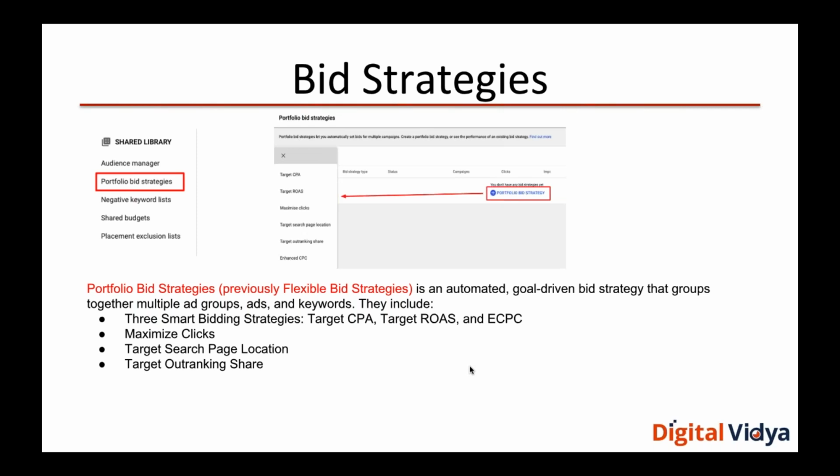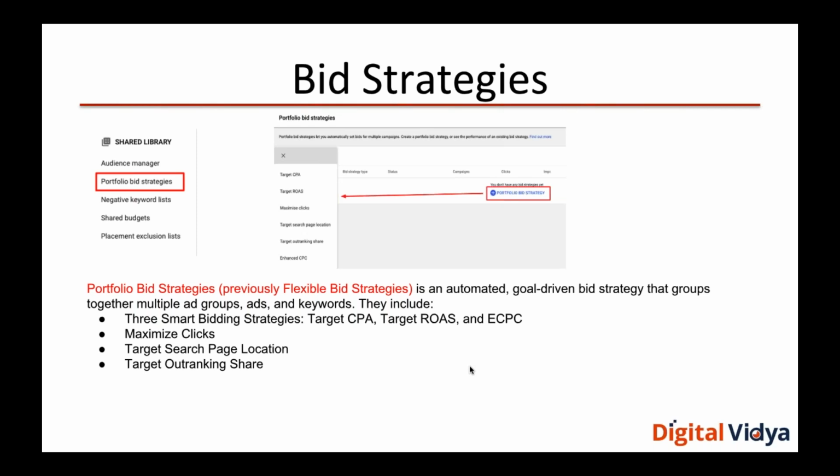In target CPA, I am given an option to set a target. So if I set my target CPA as, let's say, 50 rupees, I am telling the system, my goal is to achieve conversions on my website, and on an average, my cost per conversion should not go beyond 50 rupees. Is that clear?